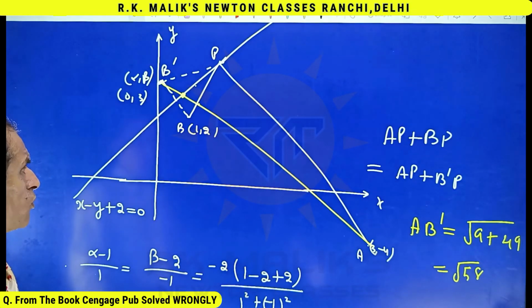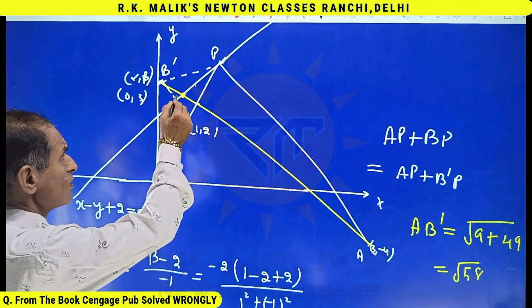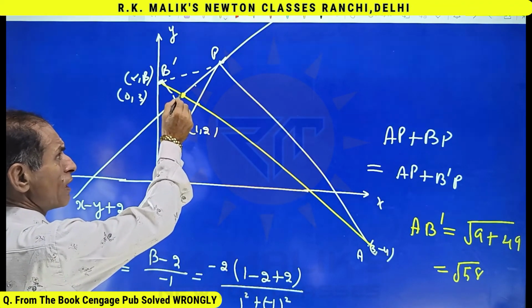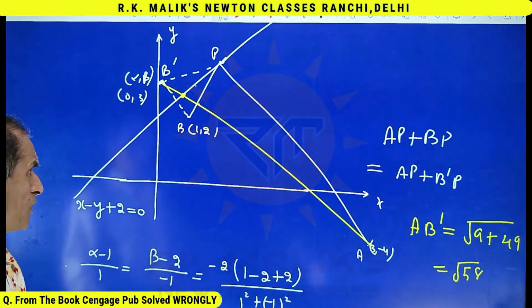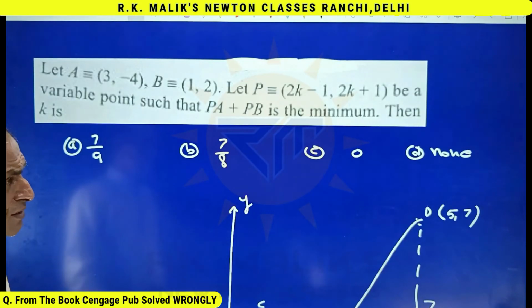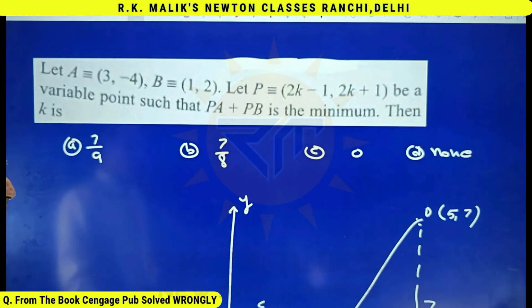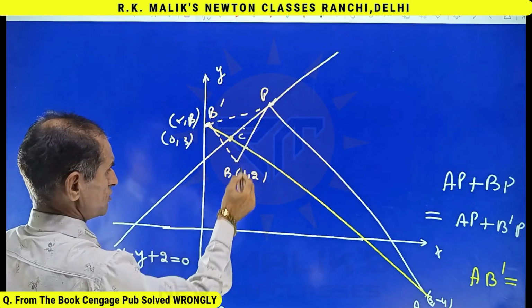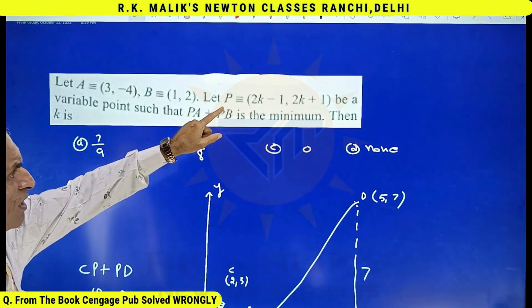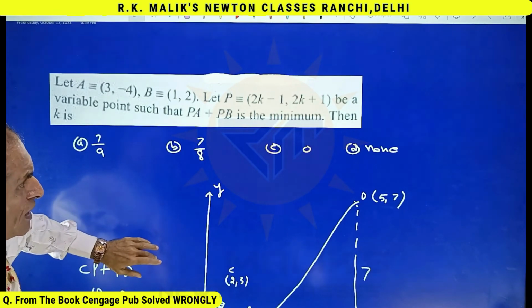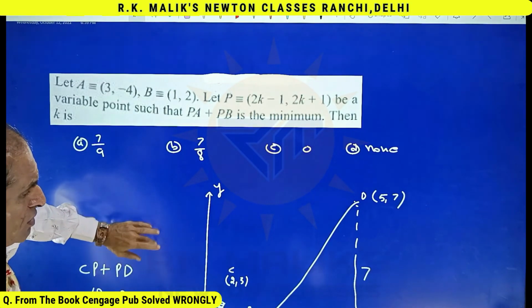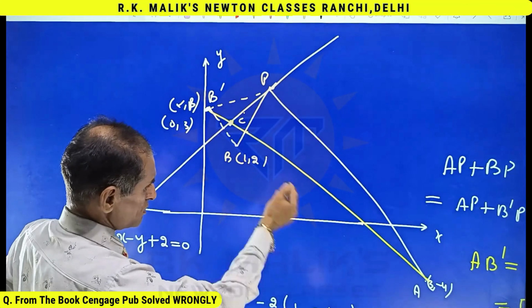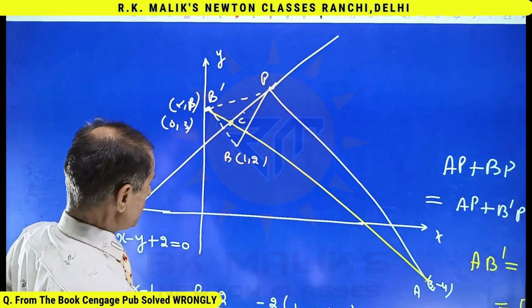And now if I want to find the value of k, then we will have to find the value of k for this point. Note that you may be thinking that it is a lengthy solution. No, it is not lengthy. Actually, this was a subjective question. Let this point be C. And now to get the value of k, let us put the point P, that is 2k minus 1 comma 2k plus 1, in this equation of AB dash.